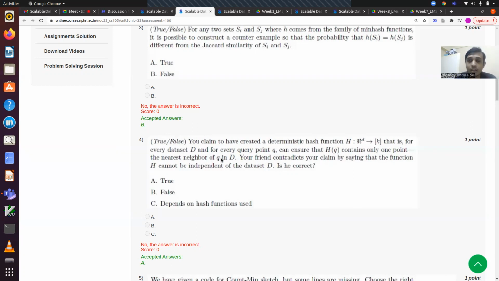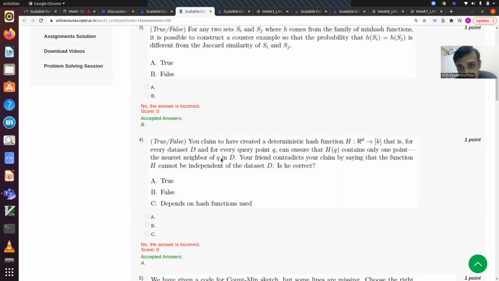Now we know that given any query point Q, it maps it to, let's say, a point P, which is its nearest neighbor in the dataset, right? So the hash function is fixed, the query point Q is fixed, and the point P, which is given by the hash function and the query point, is also fixed. So this much you are okay with, right?